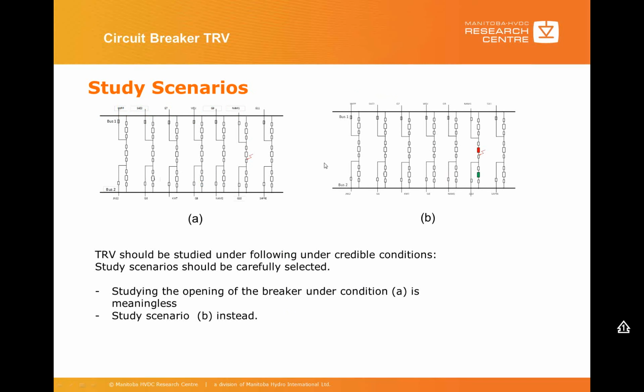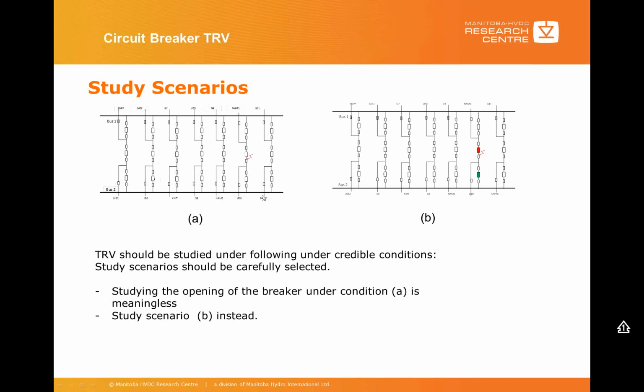The next thing is the study scenarios we have to consider during the simulation. Sometimes, due to the complicated nature of your station diagrams, you have to consider credible scenarios.